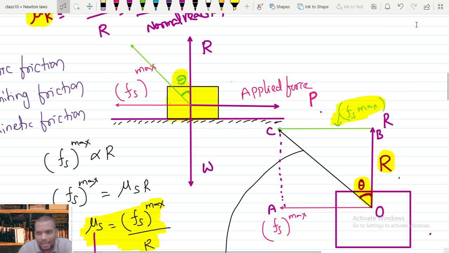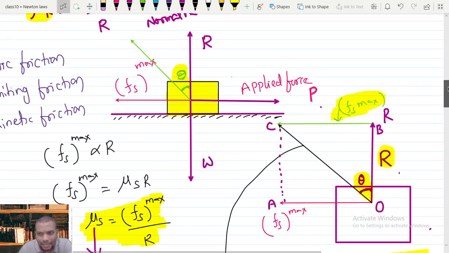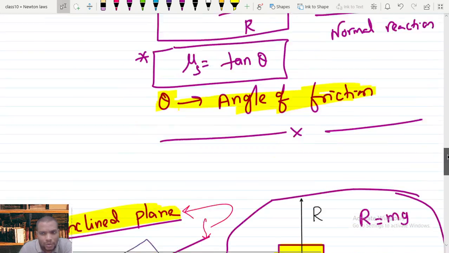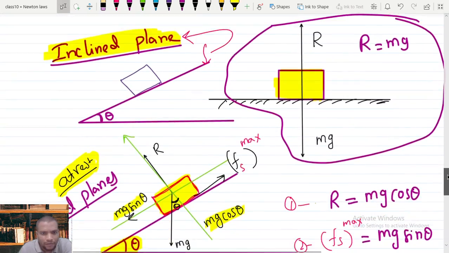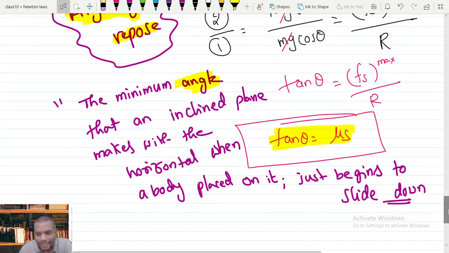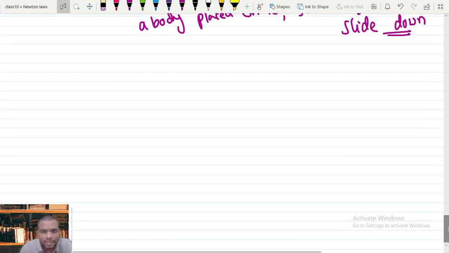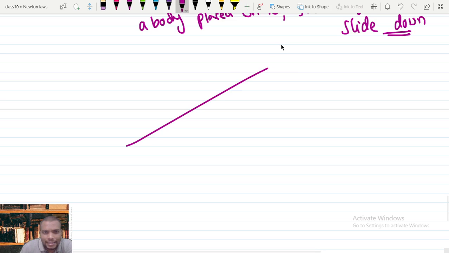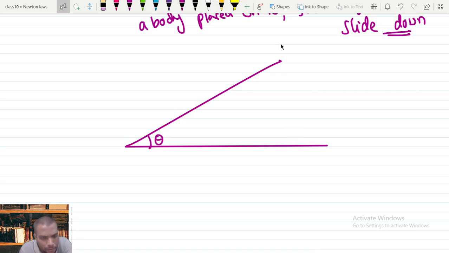The same angle of friction changes to the angle of repose when it comes to an inclined plane. So in an inclined plane, if a line is making an angle theta with the horizontal, this theta is known as the angle of repose.